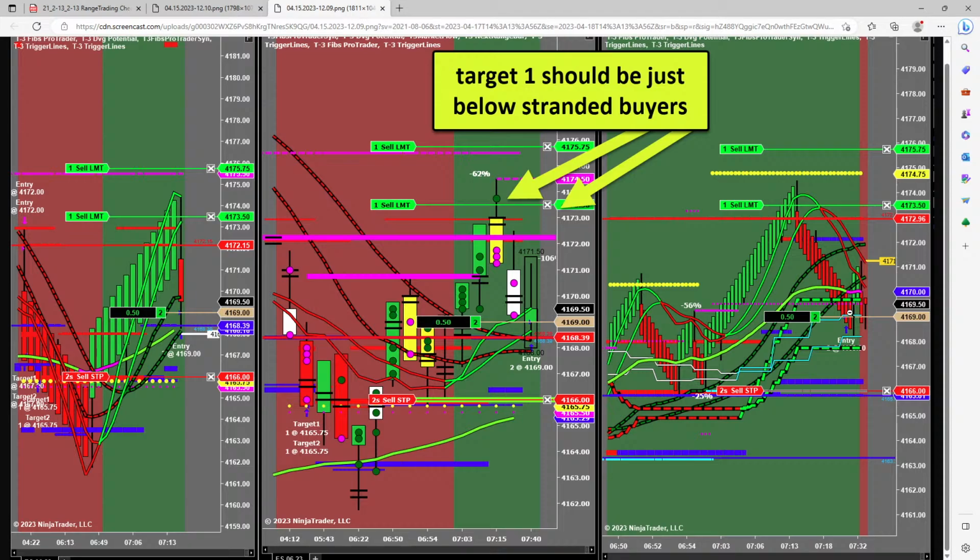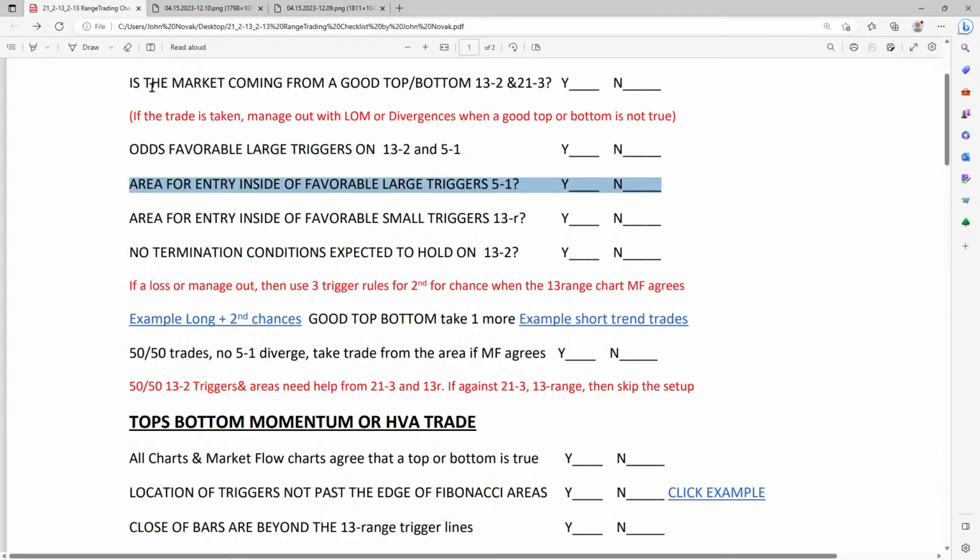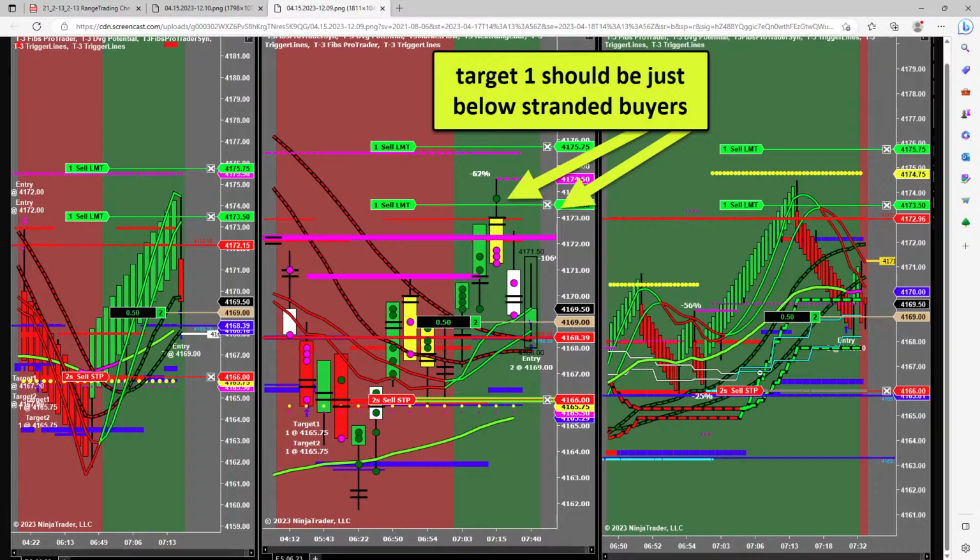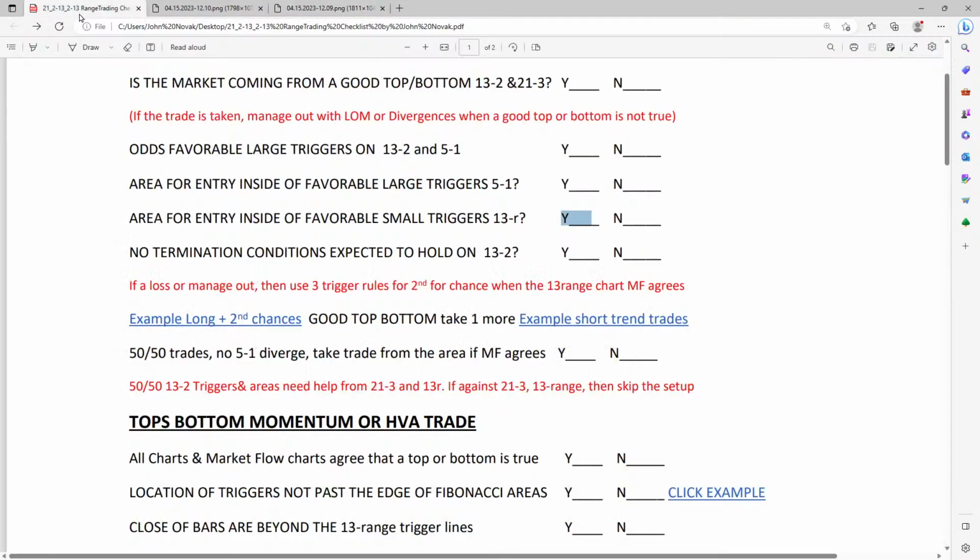Mid-bands, 1-1s, 13 triggers, both of them large and small. Do I have an entry inside of or around or close to favorable small triggers on my 13 range? The answer is yes, I do. I see it. It's right there. So again, this is my rules and I'm following my rules.